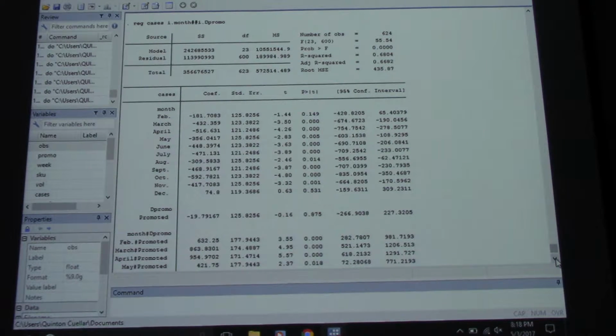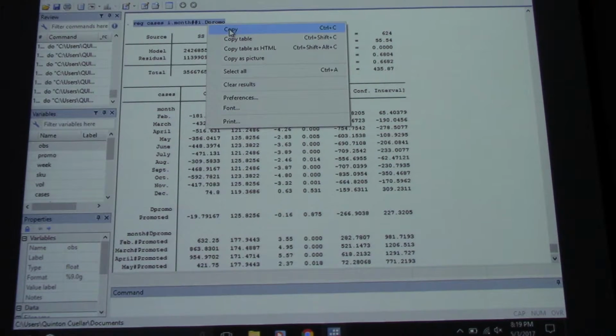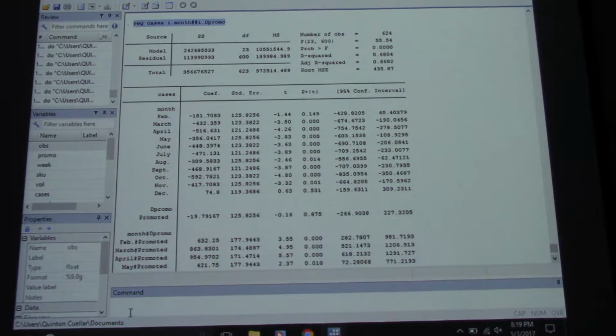No? These are awesome. So the hashtags do this.